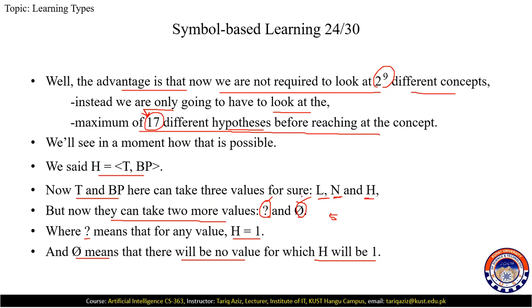So here we have two attributes, the temperature and the blood pressure, and with each one of them, three values are associated: low, normal, and high. But now we said that there are two more values. One of them is the question mark, and the other one is the theta. And question mark means that h is equal to 1, while the theta means that there will be no value for which h will be 1.